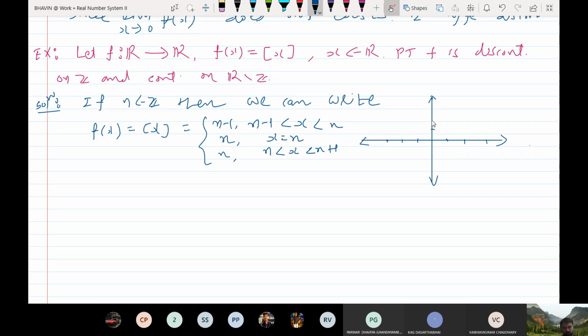See, if your x is between, suppose this is 0 and this is 1. If your x is in this interval, then what is the value of function f?